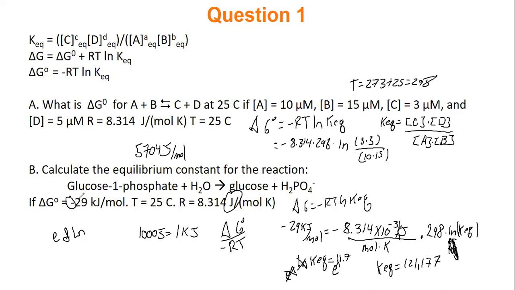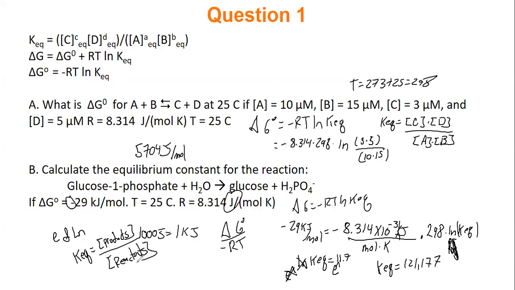at equilibrium, we're going to favor products over reactants. Remember, a spontaneous process means delta G is negative. And if it's spontaneous, at equilibrium we will have more products than reactants. KEQ is the ratio of products divided by reactants at equilibrium.